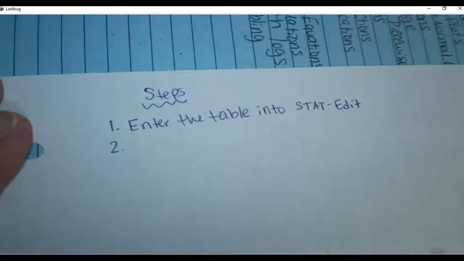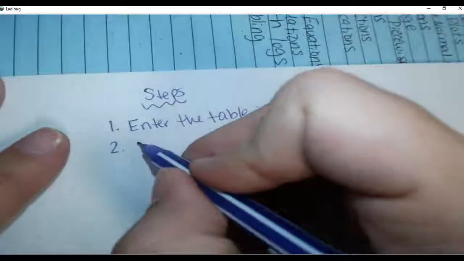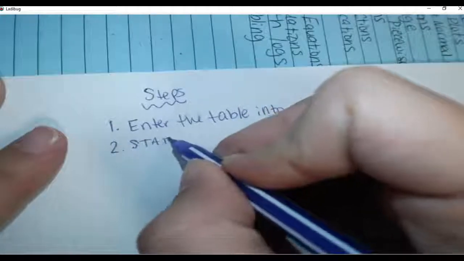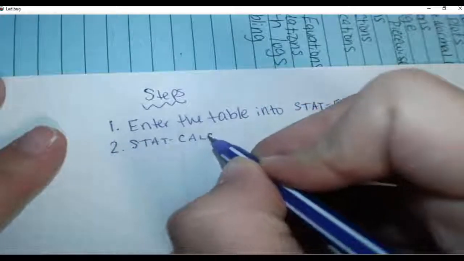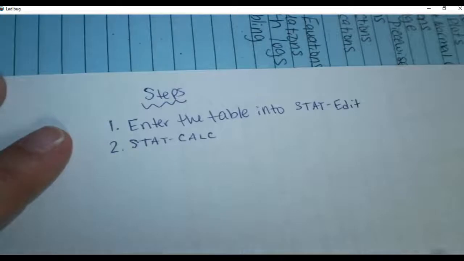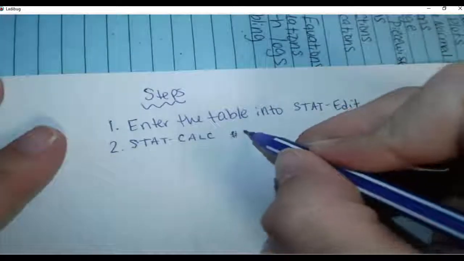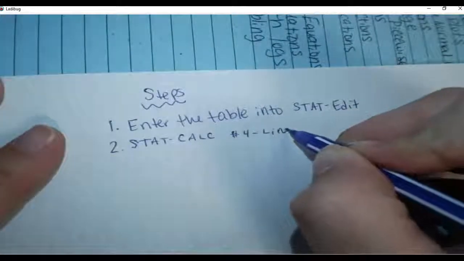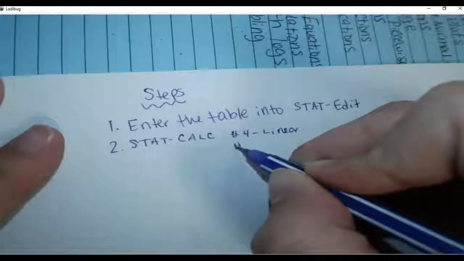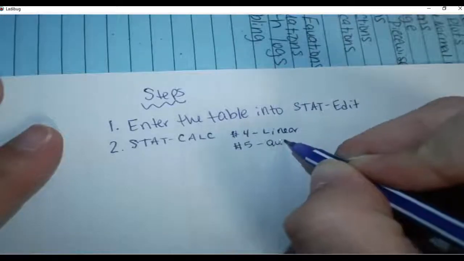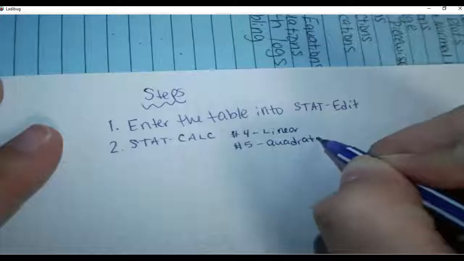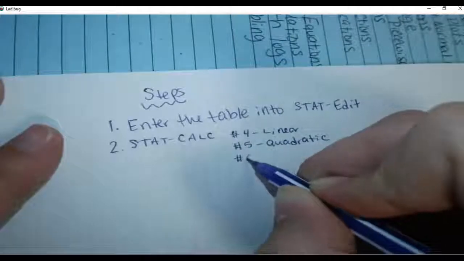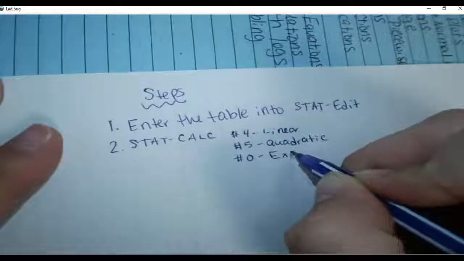Okay. Then you go Stat Calc. And then you pick whichever one that you want to use. So number 4 is linear. Number 5 is quadratic. And number 0 is exponential.